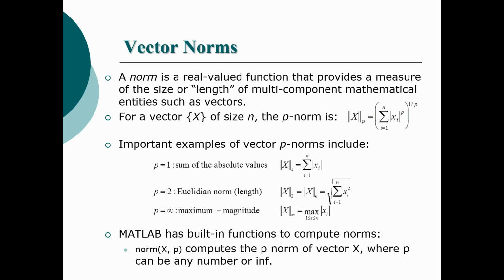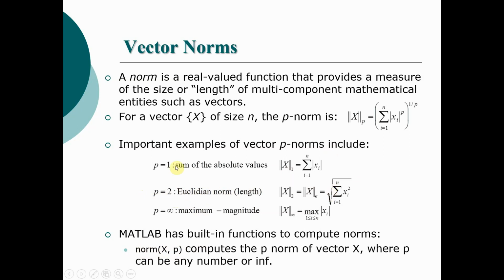But if I give you two vectors, we need a tool or a function to give us a scalar value for these vectors, so that we can compare them. There are different methods to calculate a norm. The one that we already mentioned was the Euclidean norm, also called the 2 norm. You can calculate this in MATLAB using norm of x, or norm x comma 2. Both give you the Euclidean norm.